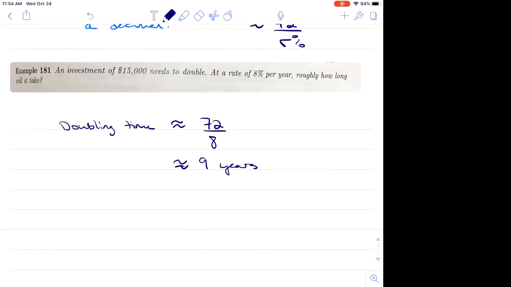It has to double, making the future value 30,000. But if I'm asking how long is it going to take for it to double, I don't even need to give you the 15,000. So the question could just be, without the first part, at a rate of 8% per year, roughly how long will it take for an investment to double? And that's when you use the 72 over 8. Guaranteed one on the test. How about that?